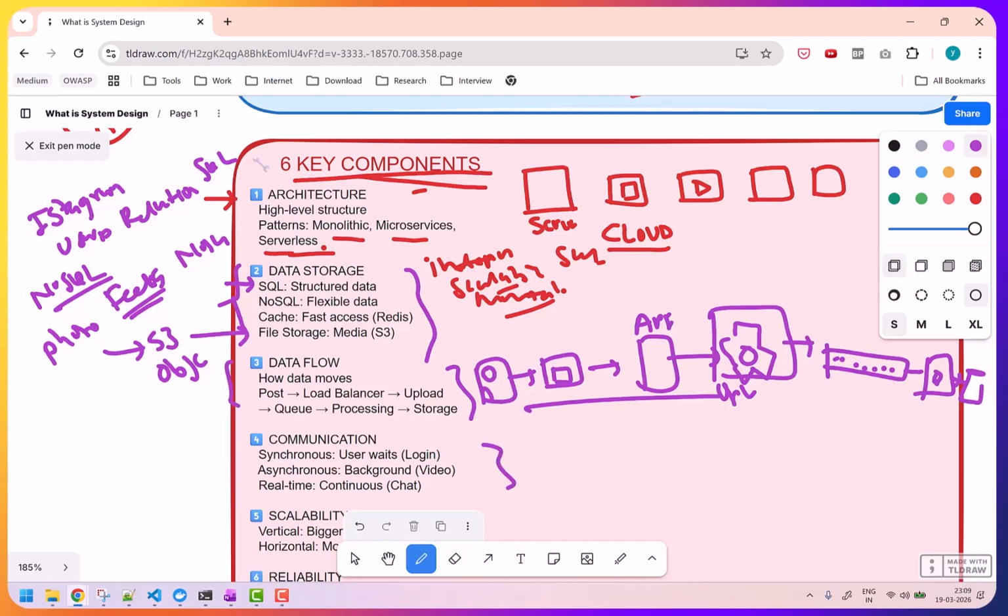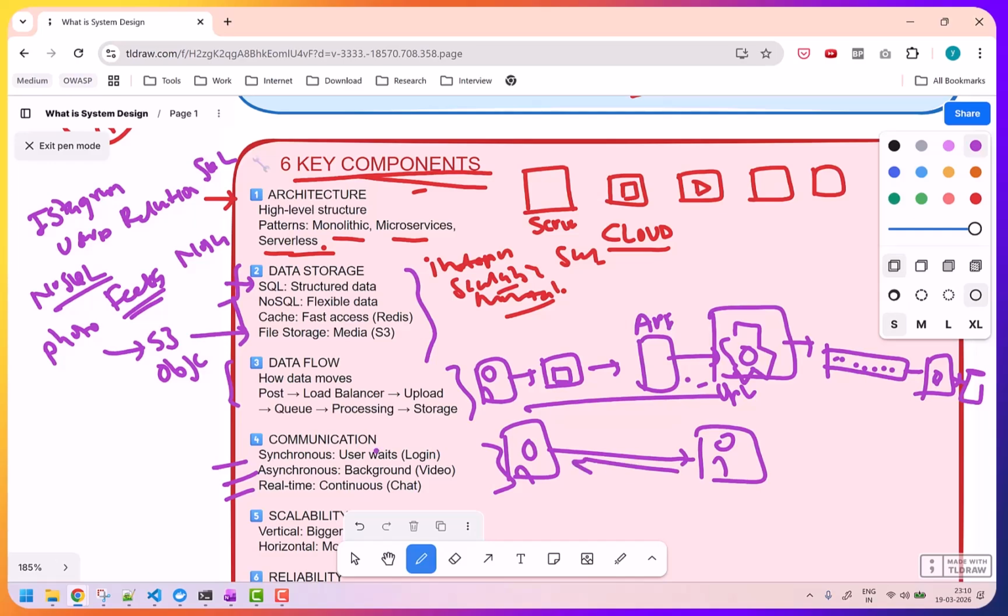Then communication. How are you going to design the communication between the services, right? We have synchronous communication, asynchronous communication, and real-time communication. Synchronous means you are here, there is another service here. I am representing it as a user, but consider it a service also. You are sending a message and you are waiting for the response.